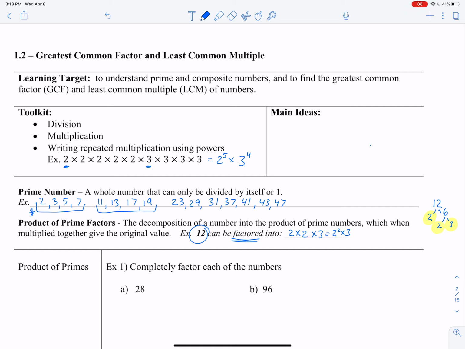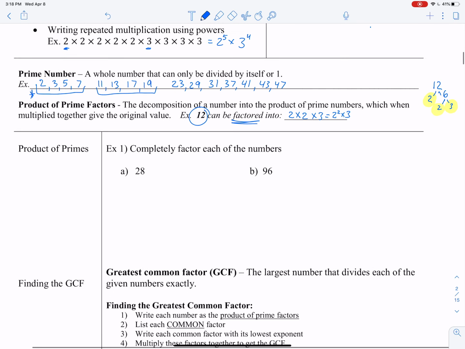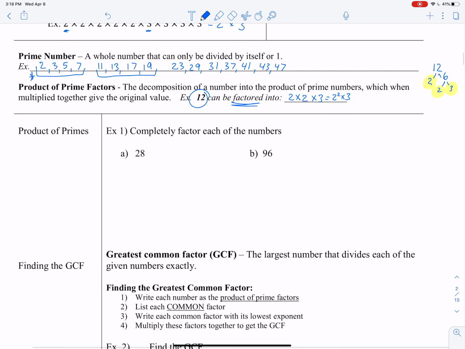So let's look at now some more examples. So the next one I'm going to do is 28. So 28 is again an even number, so I'm going to continue and take out 2 first. It's the simplest thing to do. So I take out a 2 and I'm left with a 14. 14 is even again.